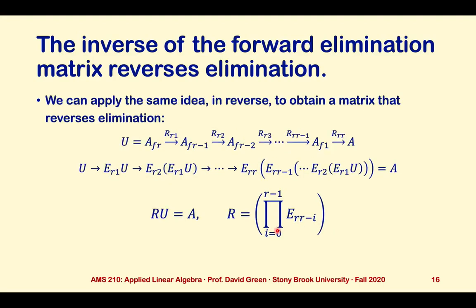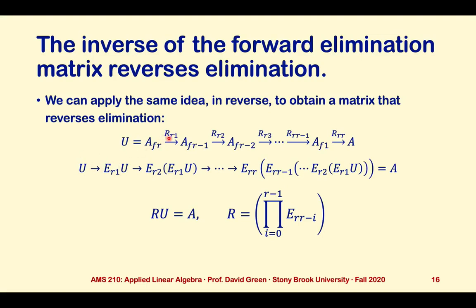Now, if we apply the same idea in reverse, we start with U, which is our A_R, the result after R steps of forward elimination. We take a backward step. That takes us to the previous matrix, another backward step, and continue this until we reach the step right before A, and our last step takes us back to A. We can also represent these steps by matrix multiplication.